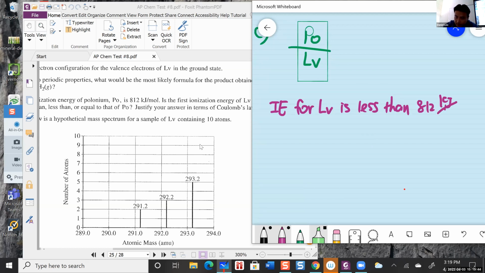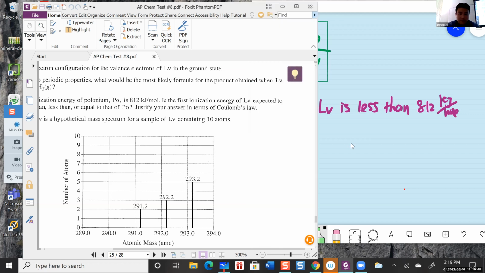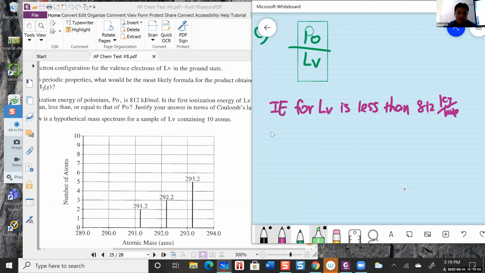So justify your answer in terms of Coulomb's law. You've got to have Coulomb's law. Coulomb's law just means the attraction between the positive nucleus and the valence electron. Justify, right? So you've got to mention some kind of Coulomb's law. Okay, I'm just going to write it out. So why?